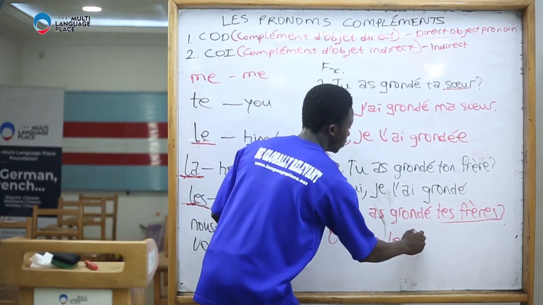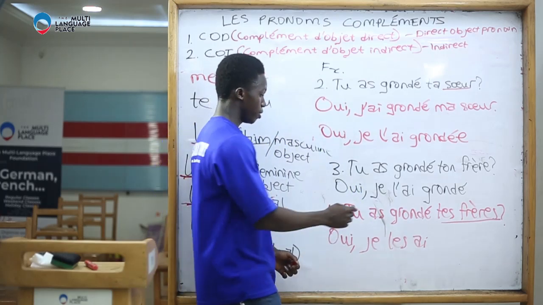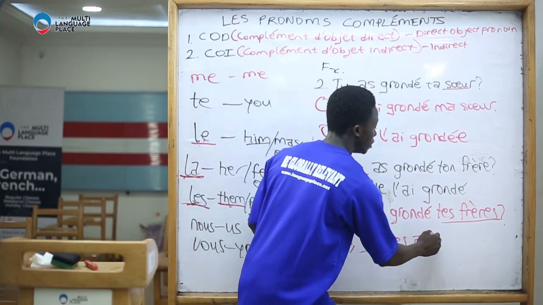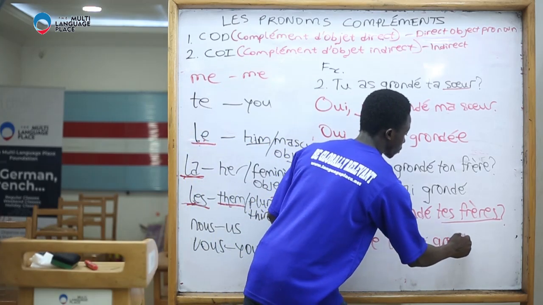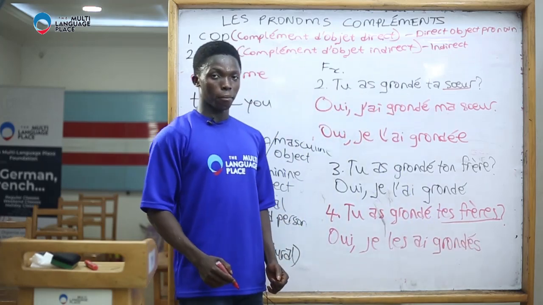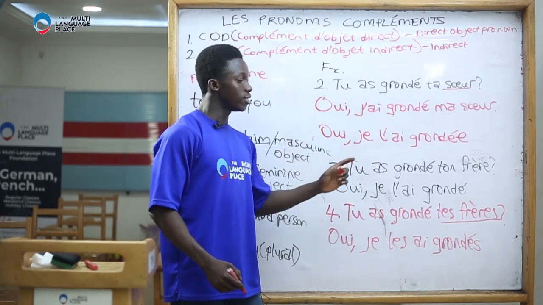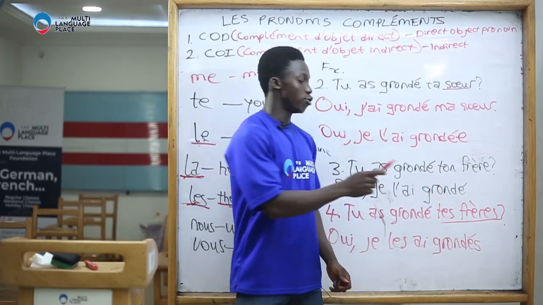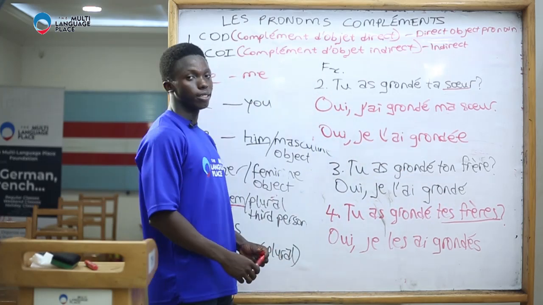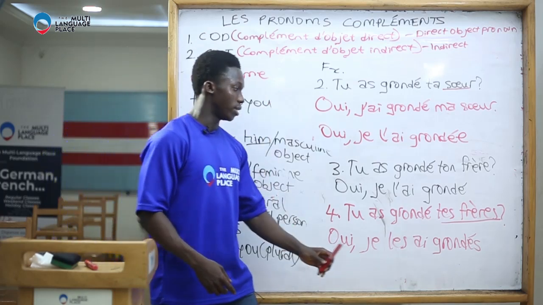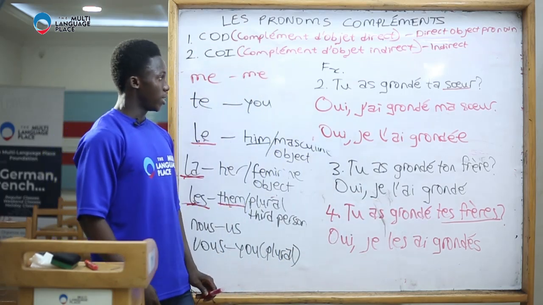Oui, je les ai grondés. And then I add S. Why? Because whenever you are using COD with passé composé, you take note of the gender and the number of the person you are replacing with COD. Remember, we are talking about pronouns. Pronouns replace nouns. Très bien.